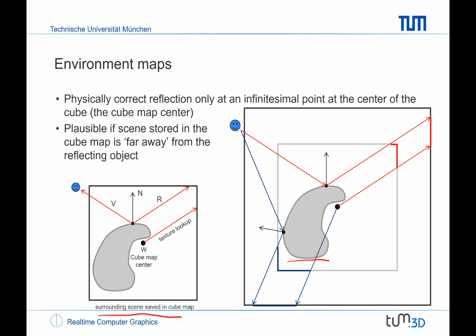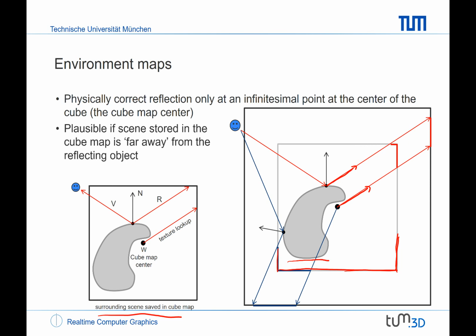Now, if we consider the cube map selected here, and we base the cube map lookup solely on the reflection vectors, then with the smaller cube map we make a certain error.